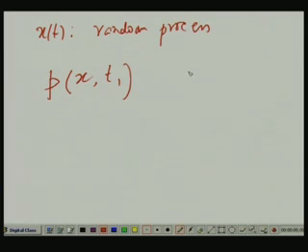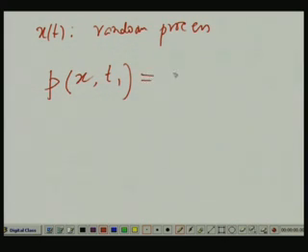That is a general definition, but if it is stationary, then whether you observe this probability density at time point t1, that is for the random variable x of t1, or at some other time point t2, that is for the random variable x of t2, you should get the same thing if it is strict sense stationary.